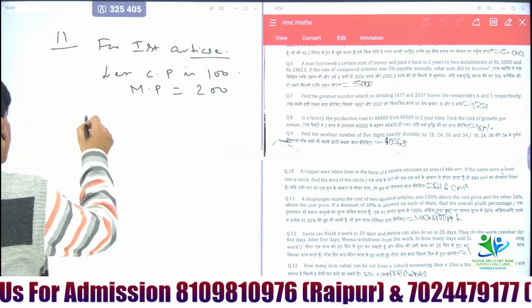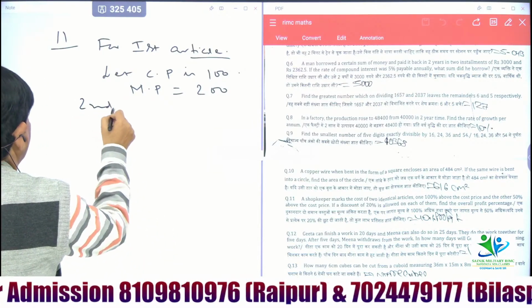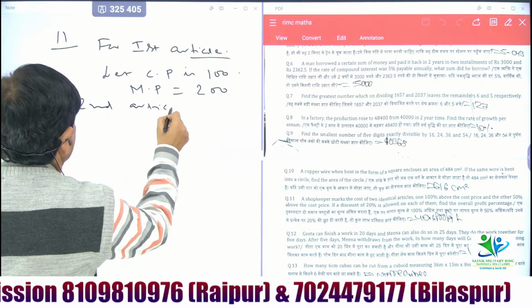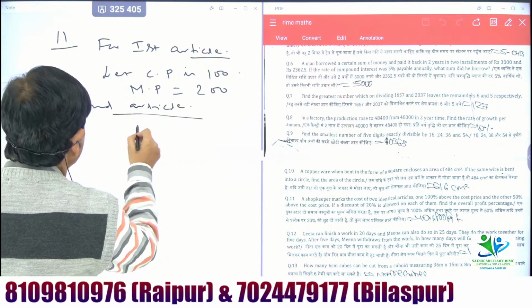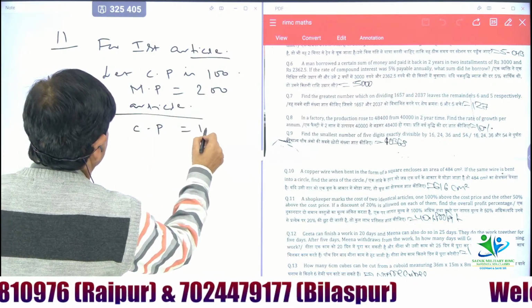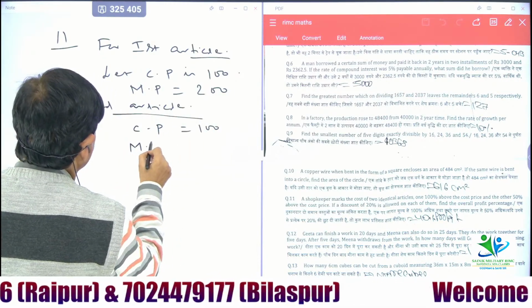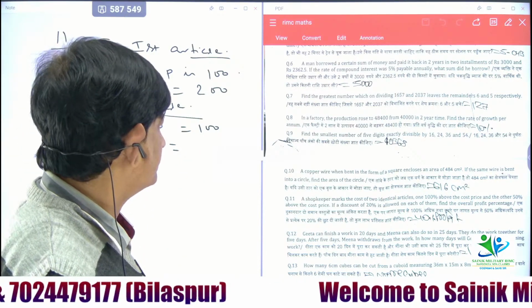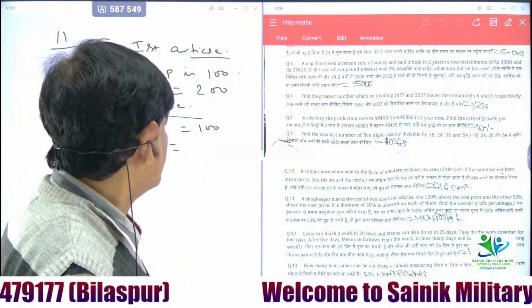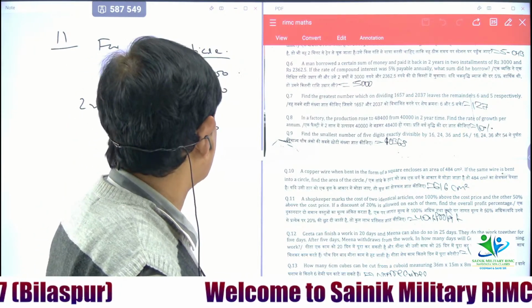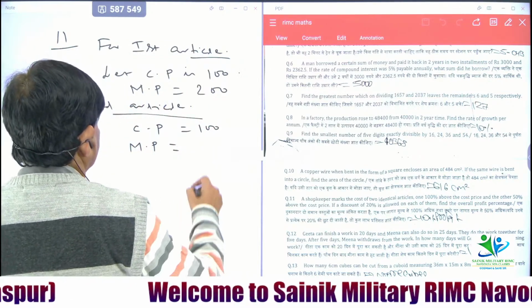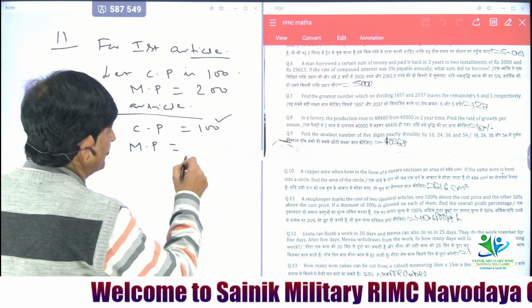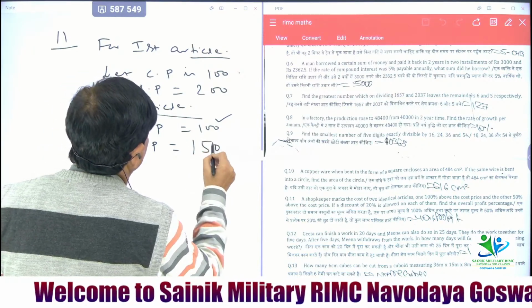फॉर द सेकेंड आर्टिकल, again let CP is 100 and therefore marked price, it is given that in second article the other 50% above the cost price. 50% of 100 is 50 and that means 150 rupees.